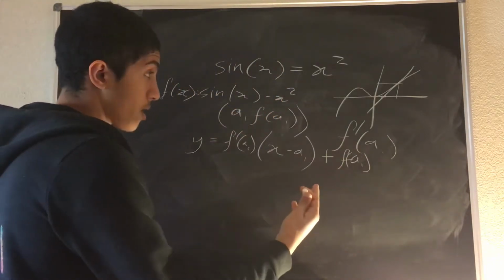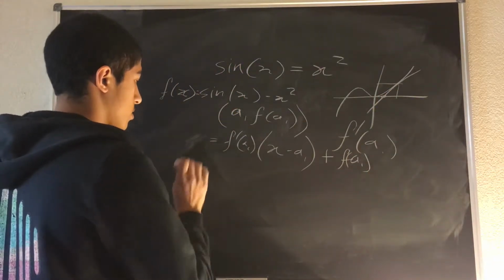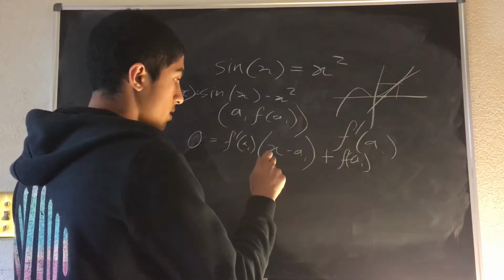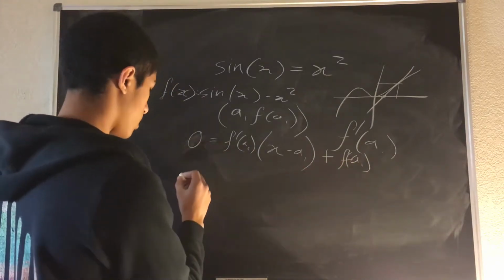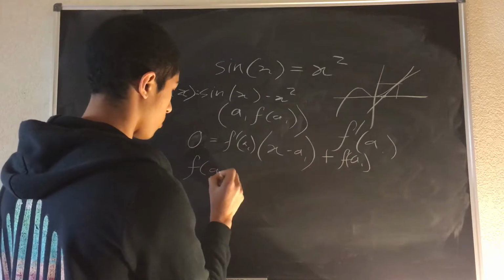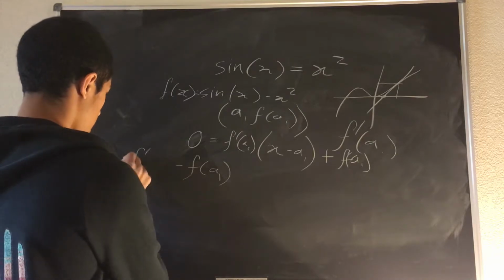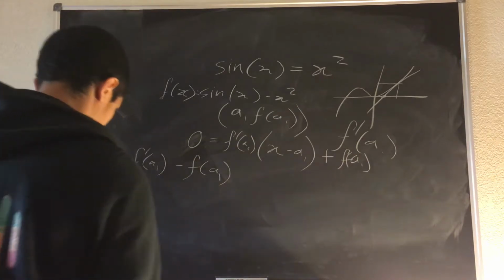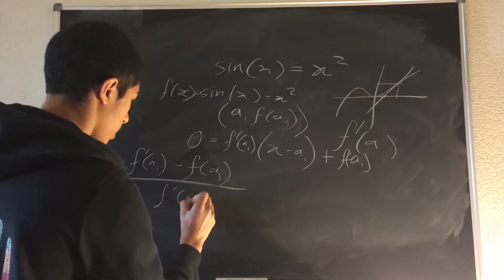And we're trying to calculate the intersection point. So the x-intercept will mean that the y value equals 0. So therefore we're trying to solve for the x value for which this equation holds. And with some algebraic manipulation, we get x equals a1 minus f of a1 divided by f prime of a1.